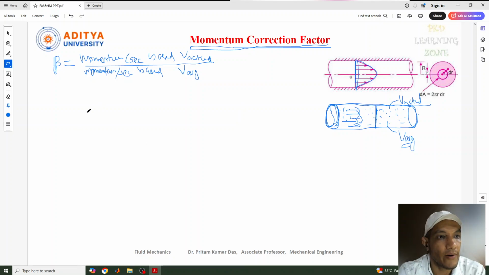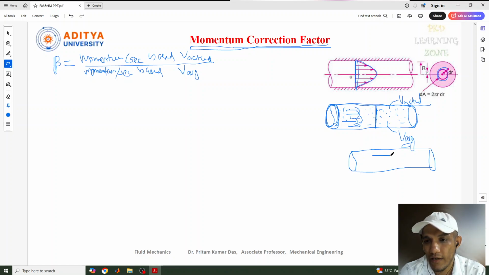So let's start. Now let's consider the small elemental area. Again, I need to draw this; if you have seen the previous one, you can easily understand. Here I am taking a small cylindrical object, with a circle for the outer one and another circle for the inner one.